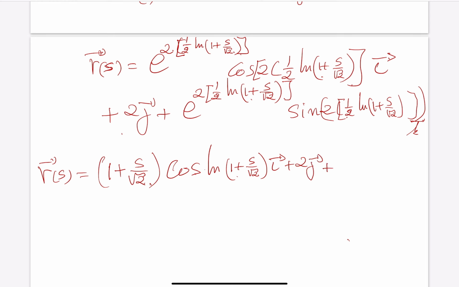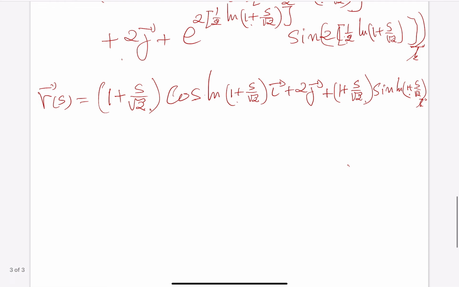This one is just ln, just the expression inside the ln. It's just 1 plus s over square root of 2, and then you have sine. The 2 will cancel out, and you have ln of 1 plus s over square root of 2. That's it. Okay.